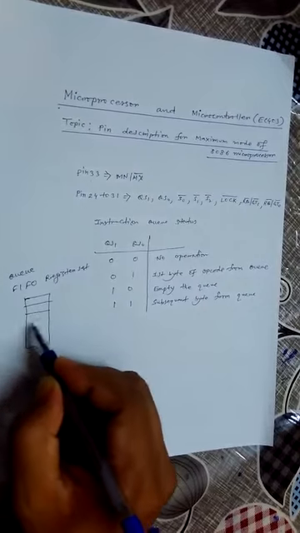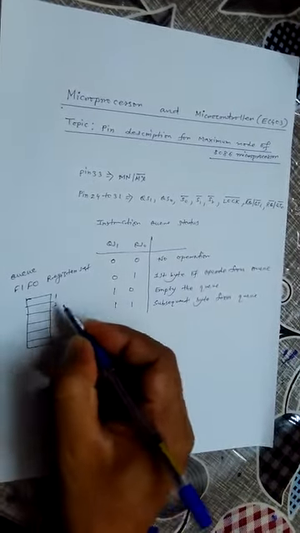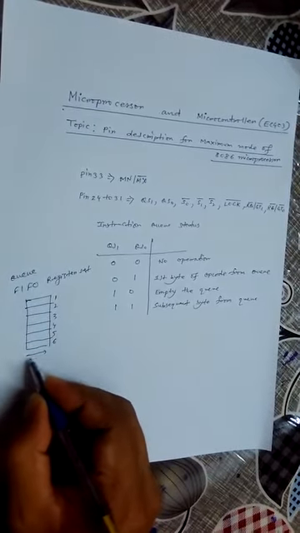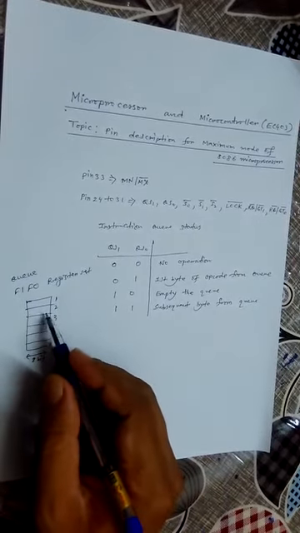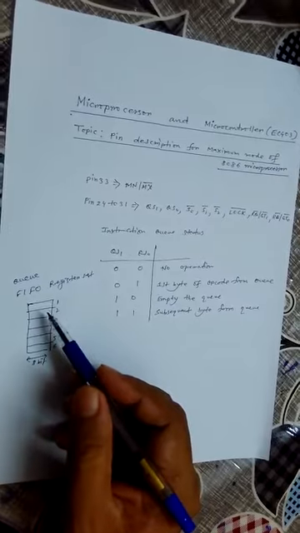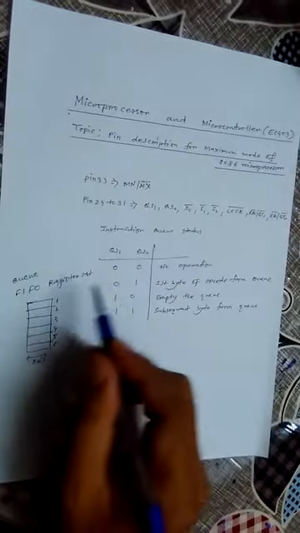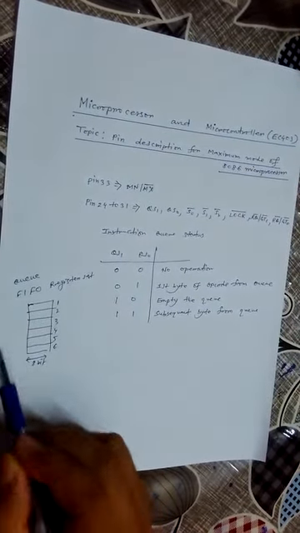The width is 8 bits, so that means 1 byte, 2 byte, 3 byte, 4 byte, 5 and 6 byte. When I explain the internal architecture, you will understand this properly.